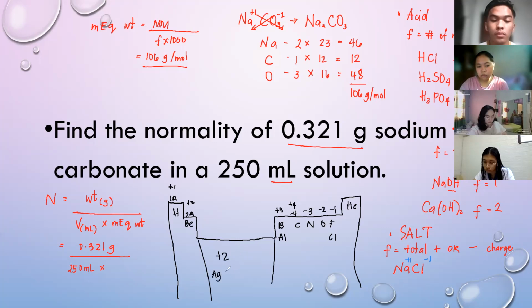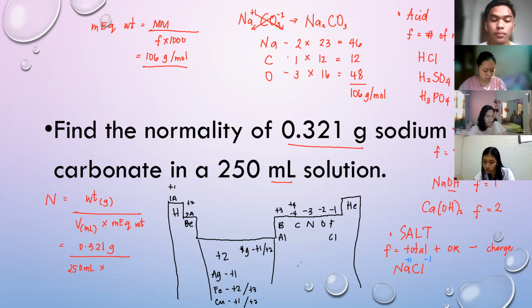So just like silver is positive 1. And then we have multi-charged elements like si iron, pwede siyang positive 2, pwede din siyang positive 3. Si copper, pwede siyang positive 1, pwede din siyang positive 2. Si mercury also, positive 1 or positive 2 ito.